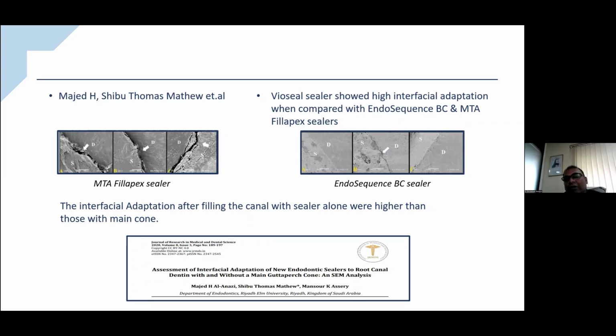The conclusion was that the WellSeal sealer showed higher interfacial adaptation compared to EndoSequence BC and MTA Fillapex. The interfacial adaptation after filling the canal with sealer alone was higher than with the main cone. The sealer alone had shown a very high amount of interfacial adaptation.